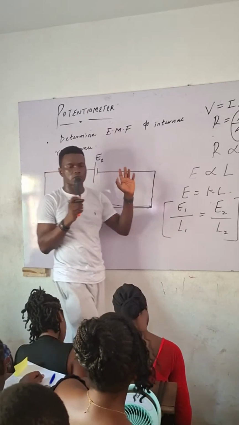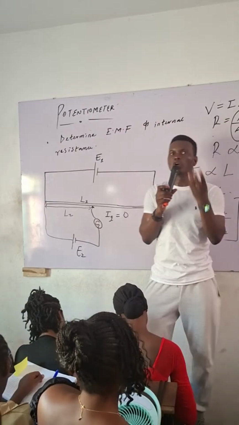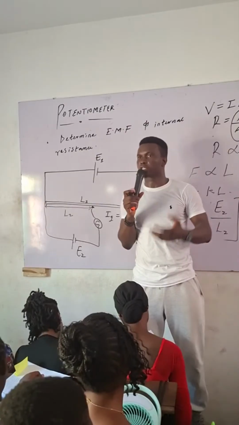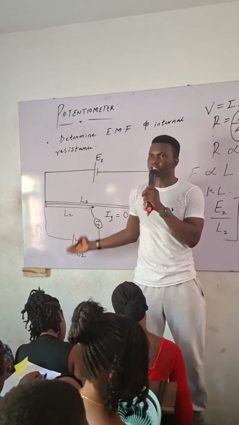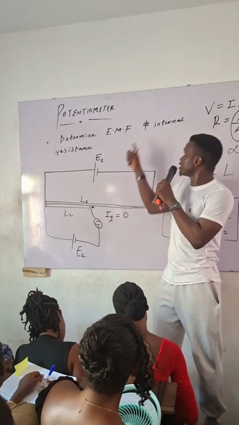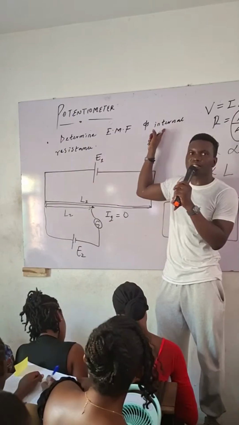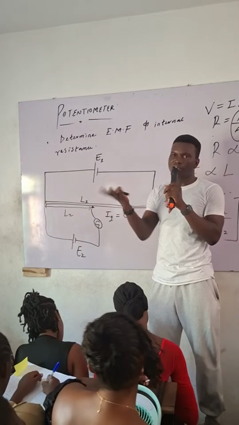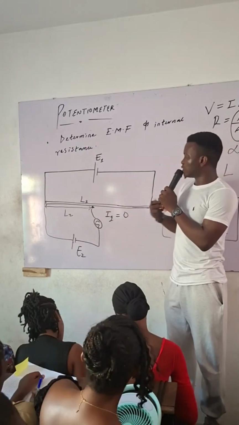So the first question is, what is the use of a potentiometer? It is used to determine the EMF of a cell or a battery. Another use is that it can also be used to determine the internal resistance of a battery, indirectly. When will it work well?